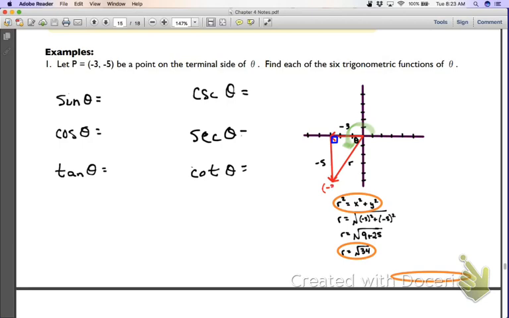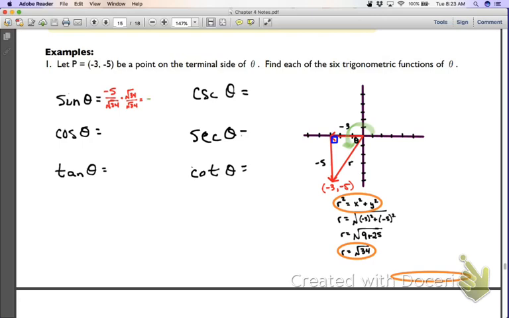So I'm going to have -5 over the square root of 34. Now I can't leave it like this, so I'm going to rationalize everything, and I'm just going to multiply by the square root of 34 over the square root of 34.